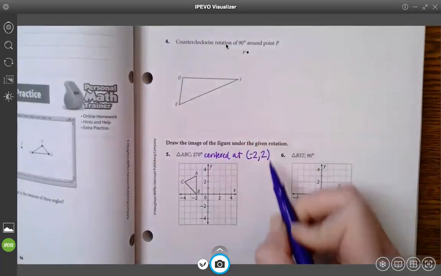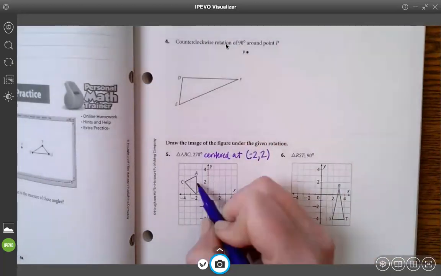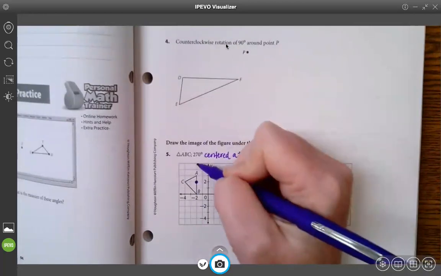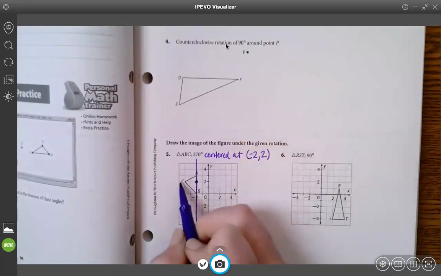So if I want my rotation to be centered at -2, 2, I'm going to put -2, 2 as my new temporary 0, 0. So I'm going to have an imaginary y-axis and an imaginary x-axis.